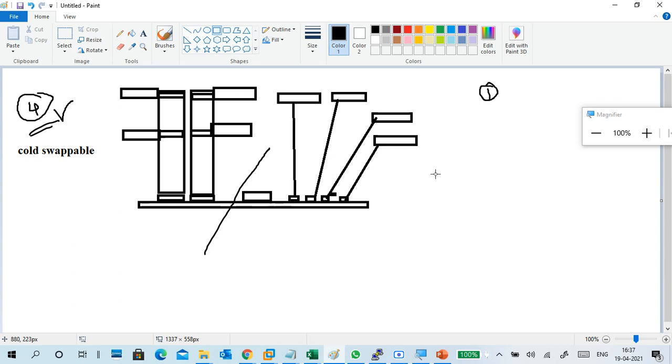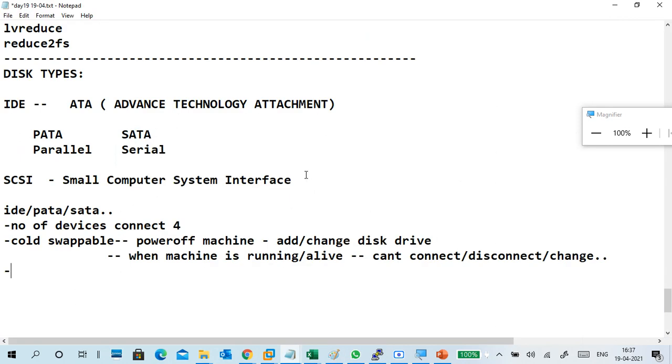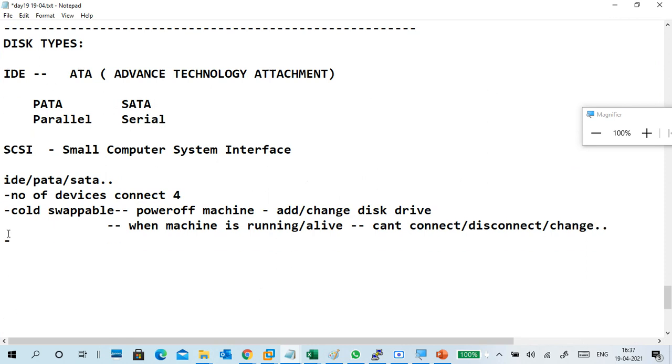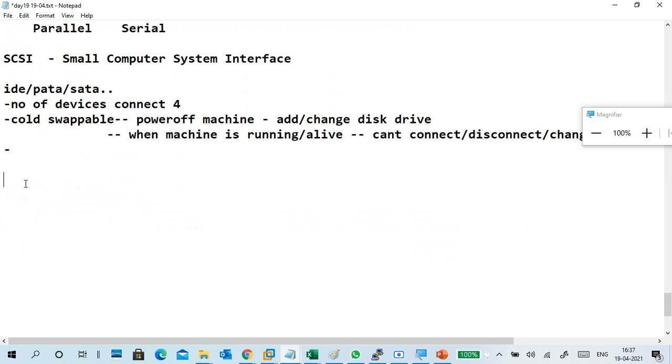So there is more burden on your CPU for data transmission.